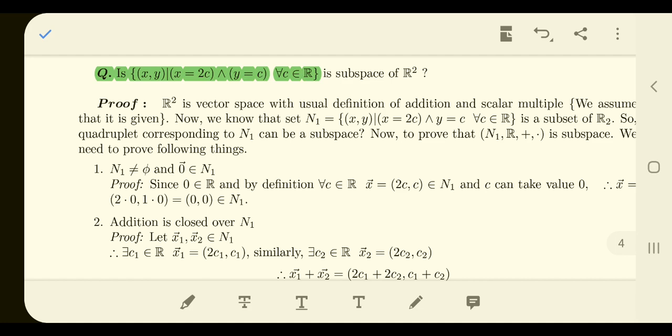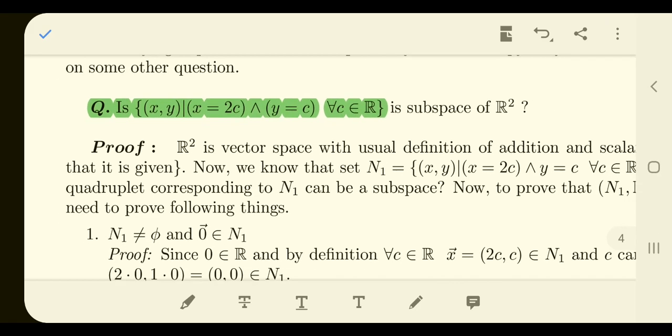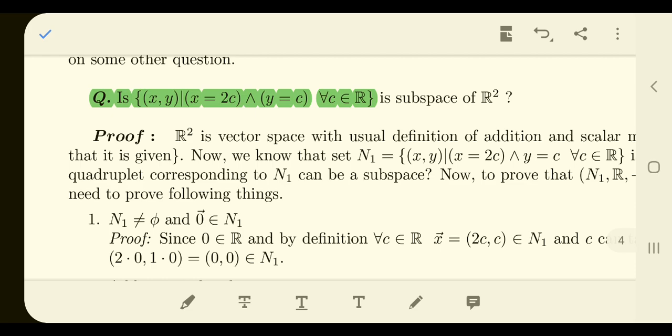You can see that all the vectors x and y are elements of R2, and thereby this particular set is a subset of R2. So if it's a subset of R2, we can try to understand whether, if I say that it is N1 with normal plus and multiplication with the field being real numbers, this is also a vector space or not. We want to know that.